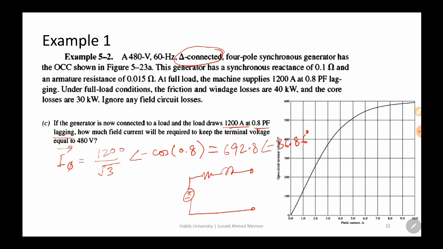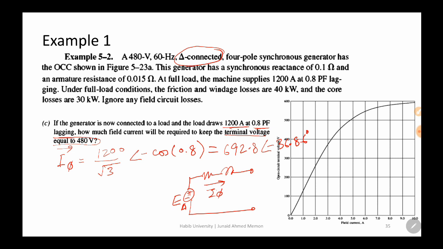So this is the current that is flowing over here, which is I phase. So now we have EA here. What we want is to keep the terminal voltage equal to 480 volts.